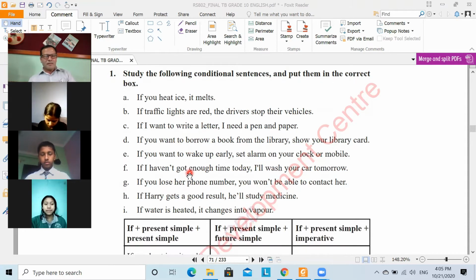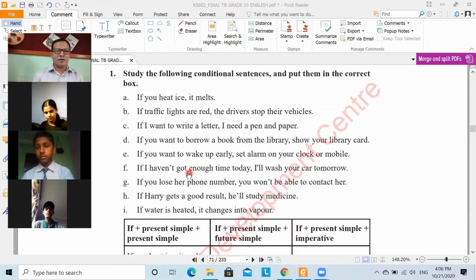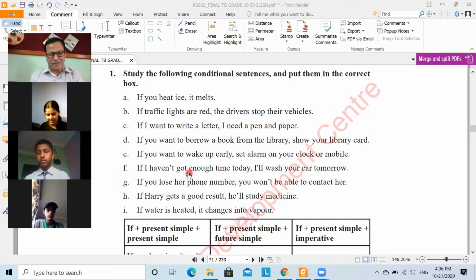And why are they called conditional sentences? Now this is what we have to understand. Only knowing examples is not enough. If we observe these sentences very carefully, what we find is that in these two clauses, the result of the main clause is conditioned by the action of the if clause, isn't it?